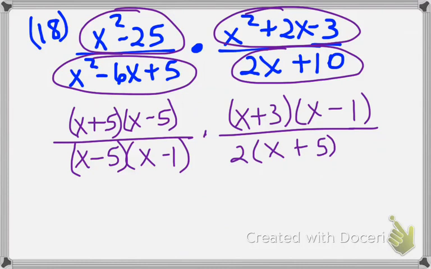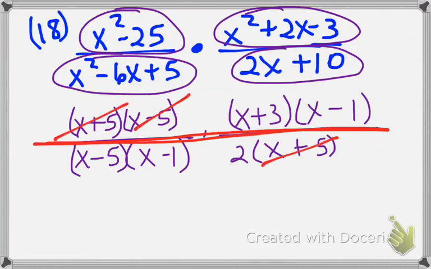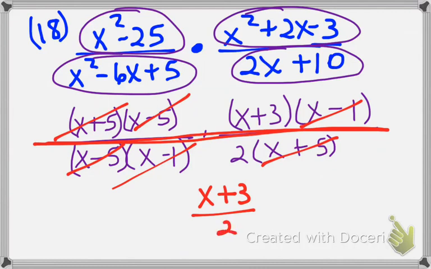Now anything in the whole numerator can cancel with anything in the whole denominator. So let's see, x plus 5 cancels, x minus 5 cancels, x minus 1 cancels, and the only things we're left with are x plus 3 in the numerator and 2 in the denominator.